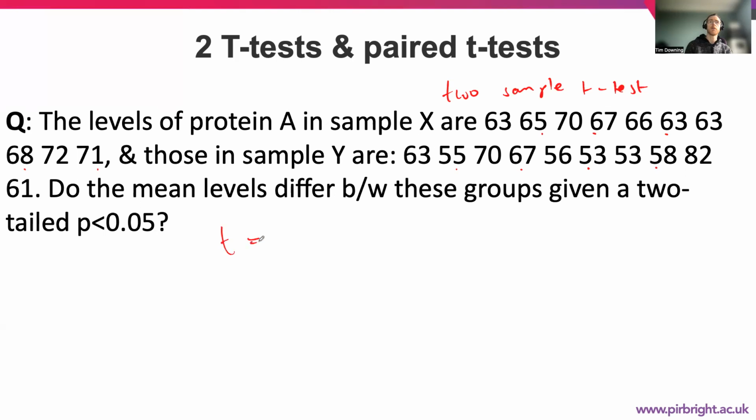So this formula now is different. We're going to have X bar minus Y bar divided by the full standard error here. So you've got the standard deviation of X squared over n plus the standard deviation of Y squared over m. So that means we have to get the mean of X, mean of Y, standard deviation of X, standard deviation of Y, and then it's over the root 10.